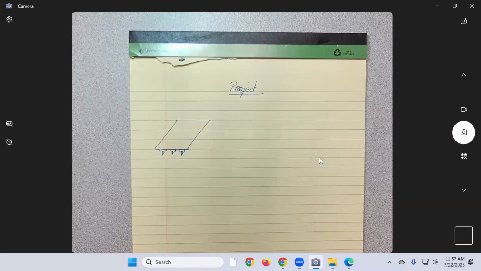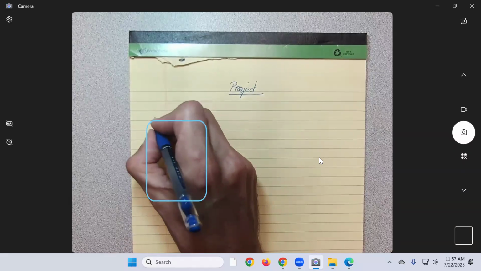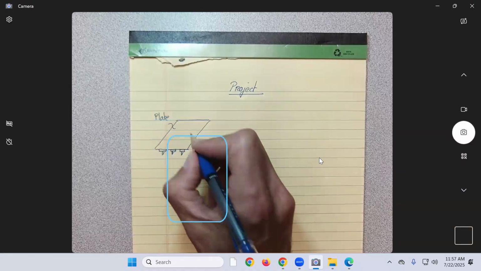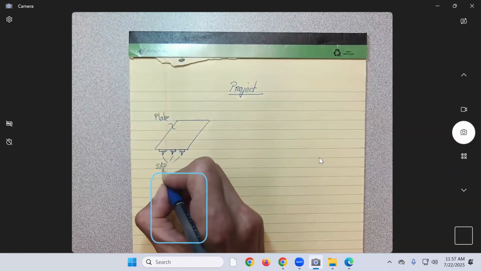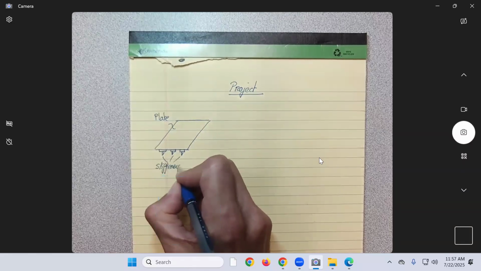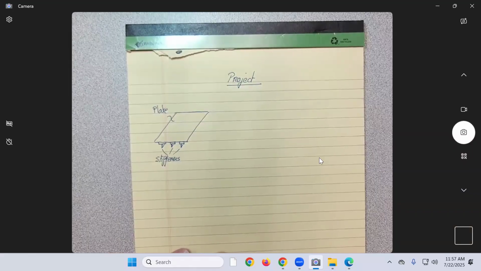So I have here the plate, and this will be the stiffness.